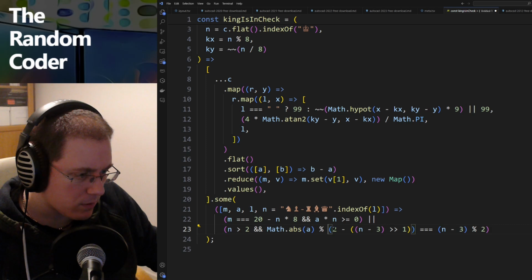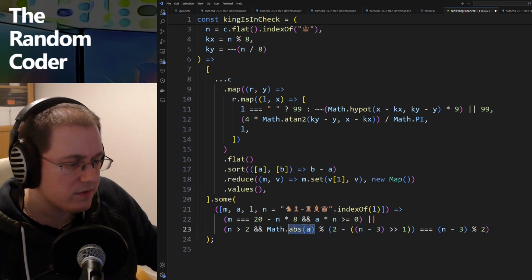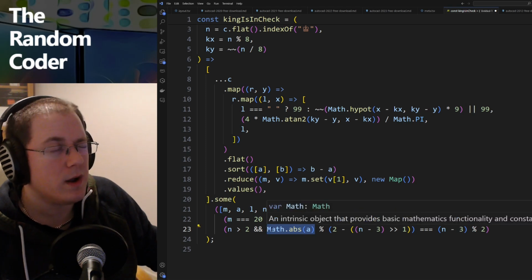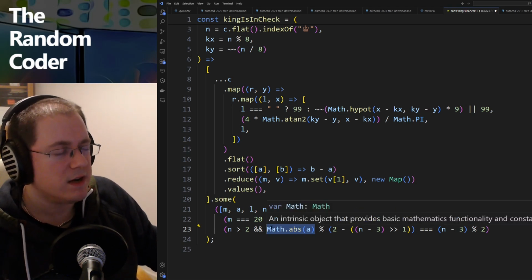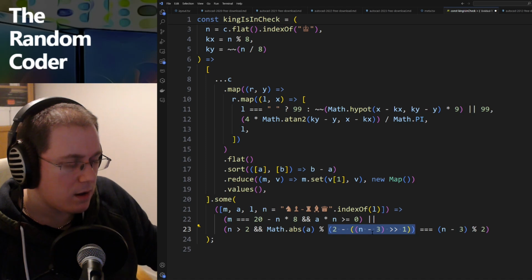Right, 2. Yeah, so if this is a value between 0 and +4, 0 and -4, then we're doing modulo 2 or modulo 1. Now, if it's modulo 1, then that would be for a queen, right?